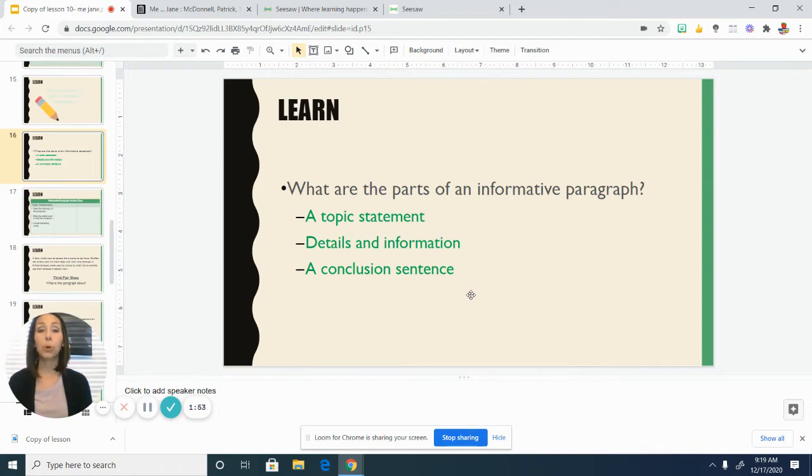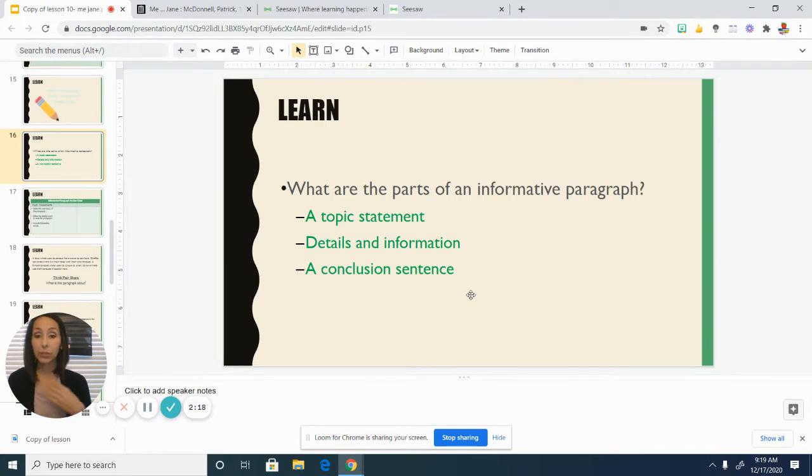We talked before about how having these three parts helps us as the reader to understand when we read an informative paragraph. Okay, this is what the topic is about. These are the specific details and facts. Now the author is wrapping up the paragraph with their conclusion. So as readers, we know what to look for and it helps us understand.